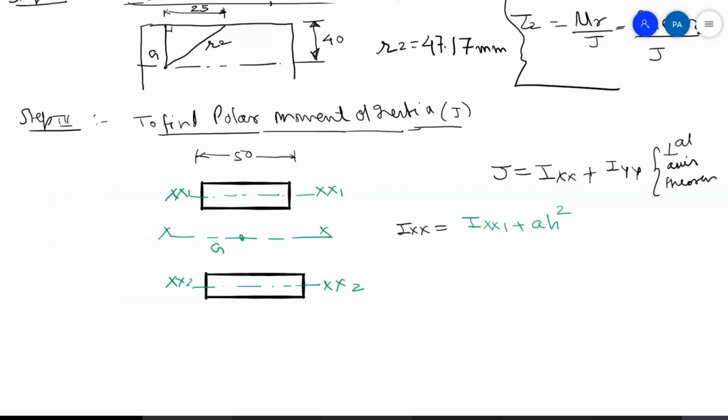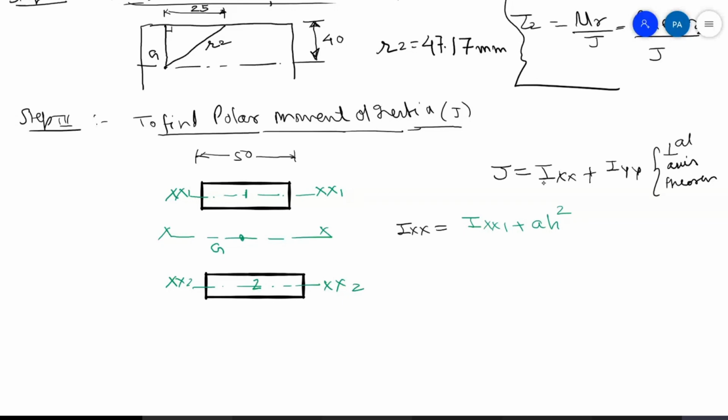So here J is the polar moment of inertia. According to perpendicular axis theorem, how can we find this? Ixx plus Iyy. अभी Ixx मतलब कैसे find करेंगे? Ixx मतलब क्या है? It is the moment of inertia of this weld system about its CG. सिस्टम में दो weld है, एक ये weld है और एक दूसरा weld है. इनका CG कहाँ पर है? यहाँ पर G. और उस G में से पास होने वाला एक्सिस कौन सा है?